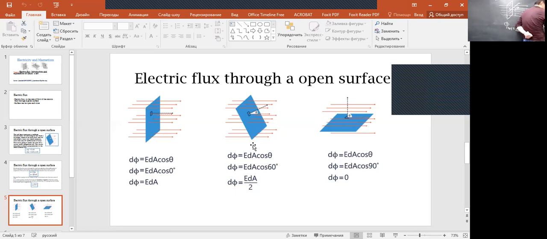So here we have 4 multiplied by 10 to the 3 times square root of 2 divided by 2. How much is it? The square root of 2 is approximately 1.4. So 4 divided by 2 is 2, and 2 multiplied by 1.4 is 2.8. So 2.8 multiplied by 10 to the 3 Newton meter squared per coulomb.